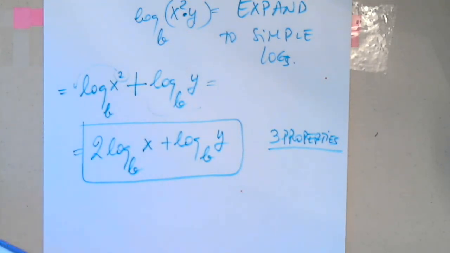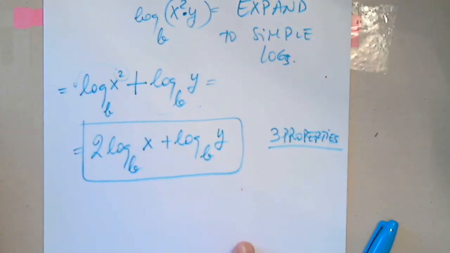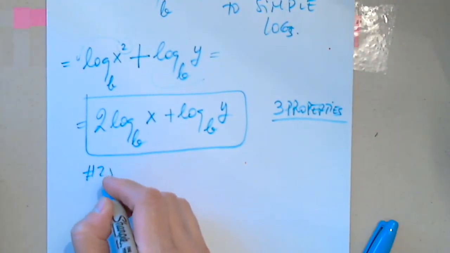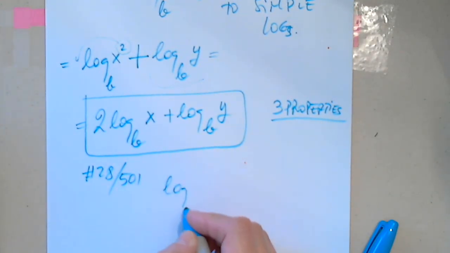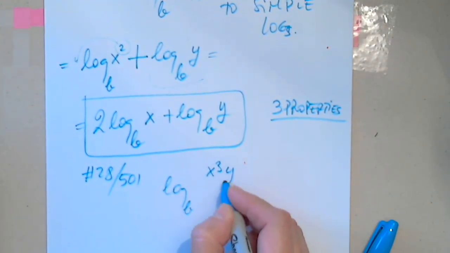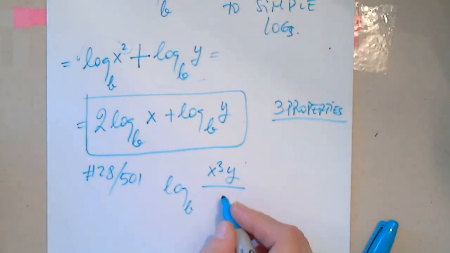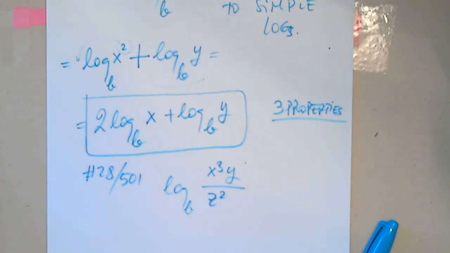I think we have time, so we look at another. Yes, so let's look at 28, same page. In 28 we have log base b of x cubed y divided by z squared.